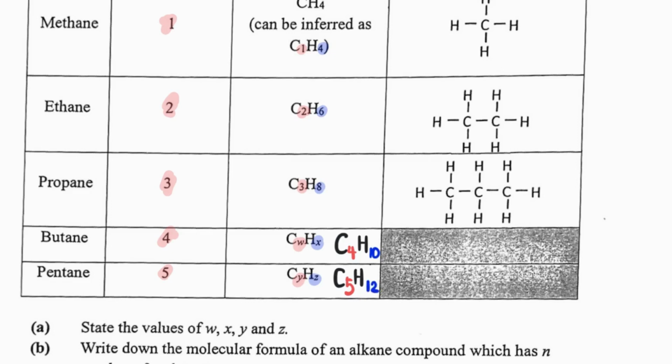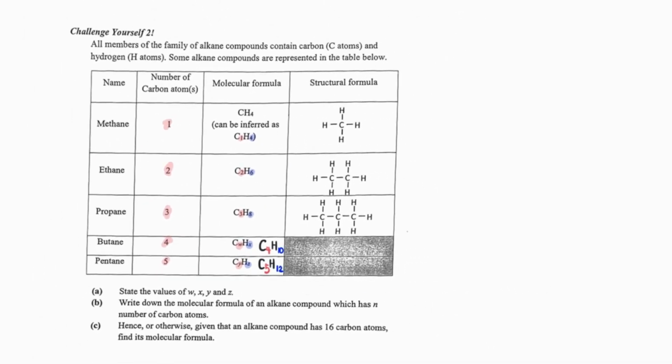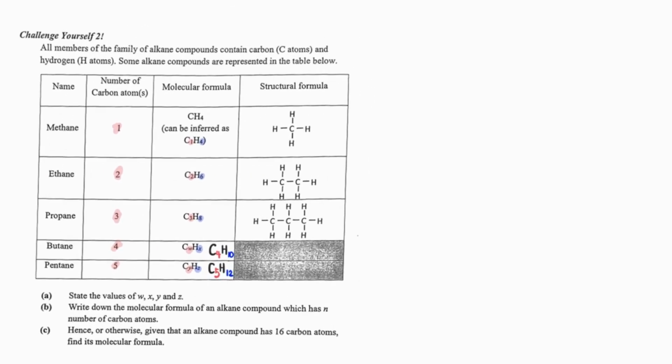And with that in mind, we could just go back. Let me zoom out again. And we could then write the answer for part A at the side, where we have our W equals to 4, Y is also equals to 5, and our X equals to 10, and our Z is equals to 12.